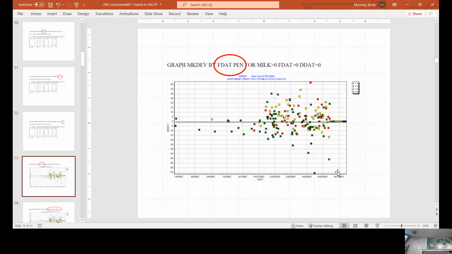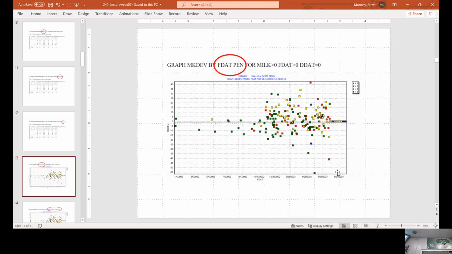We tend to respond, you guys especially, your generation is a very visual generation. The ability to go through and click on all these individual cows, say, well, who's this cow down here? Or who's this cow down here? Oh, that's one we had a DA surgery, that explains that. Or I have no idea why she's here.